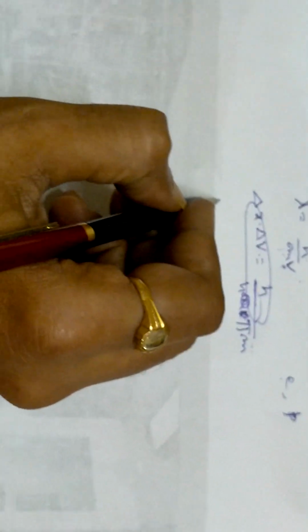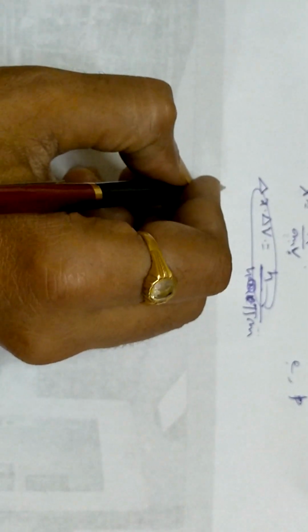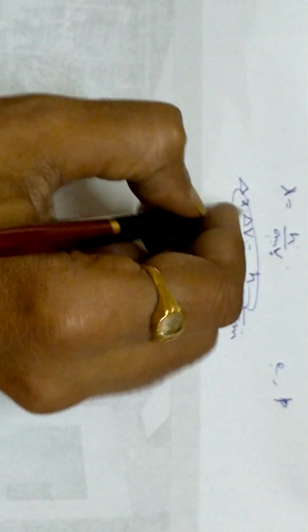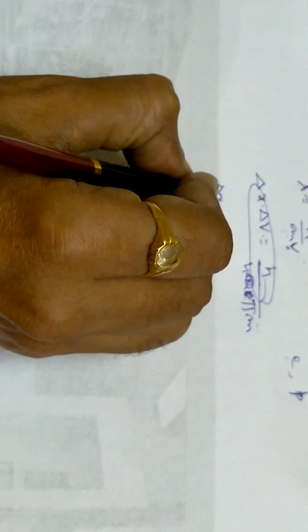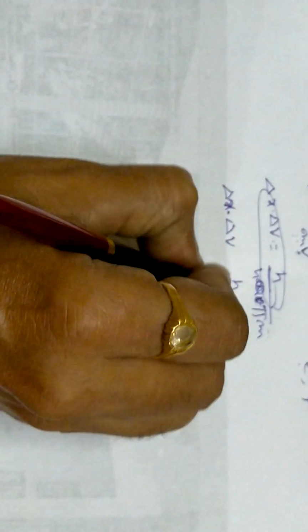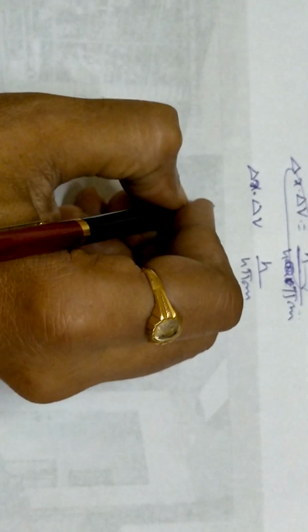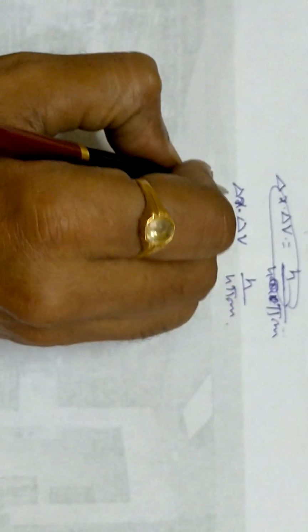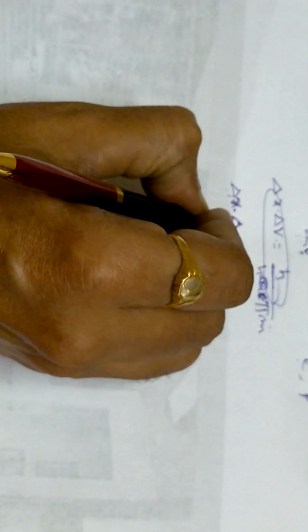Suppose I am asking in this question on uncertainty, that means delta x into delta v equals h by 4 pi m. Now, an electron is moving, and the most important points are only the uncertainty in the position and the uncertainty in the velocity.